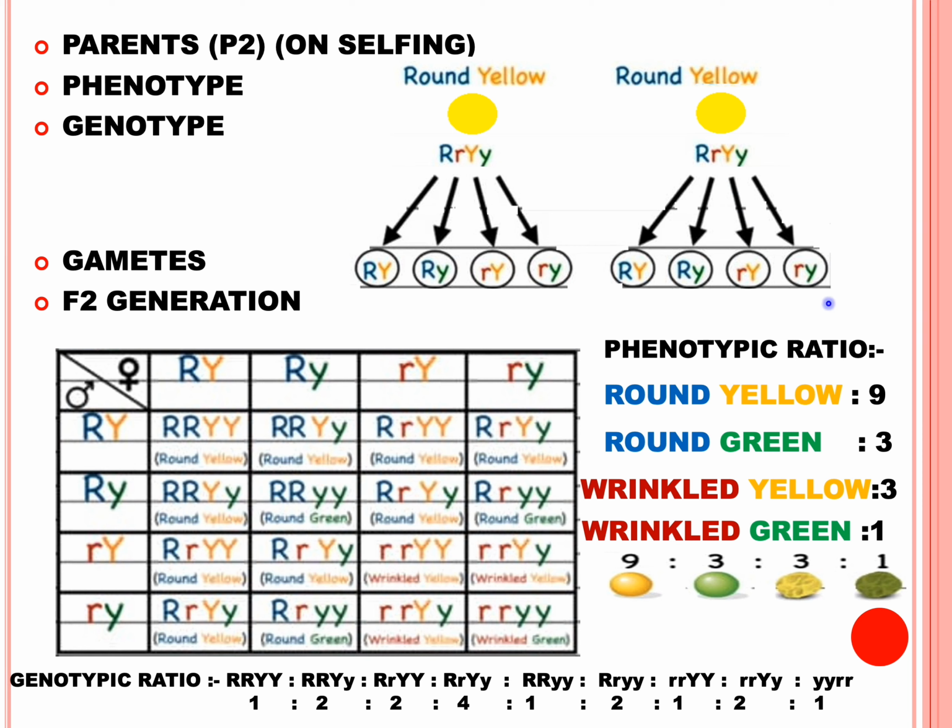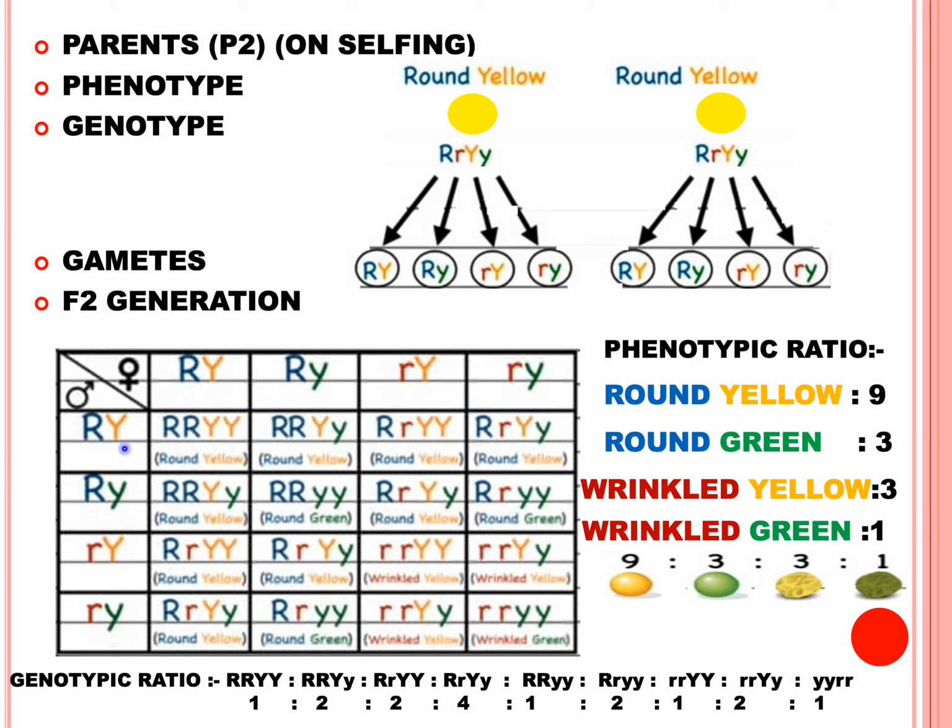Now, at the time of fertilization, from these four types of male gametes and four types of female gametes, 16 plants were obtained with different genotypes.